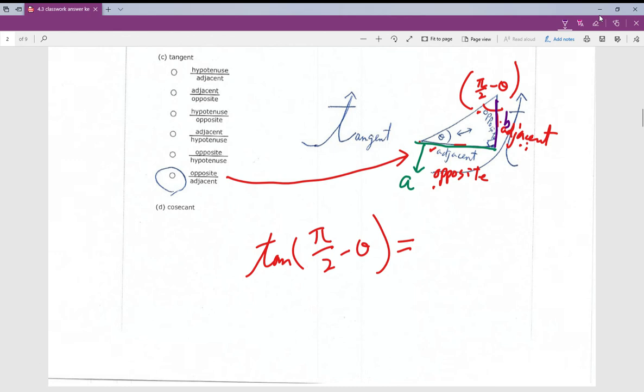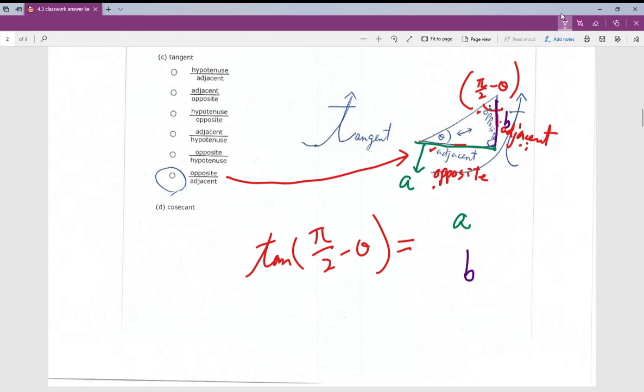If your reference angle is pi over 2 minus theta, then the opposite will be the green A, and the adjacent to pi over 2 minus theta will be B.